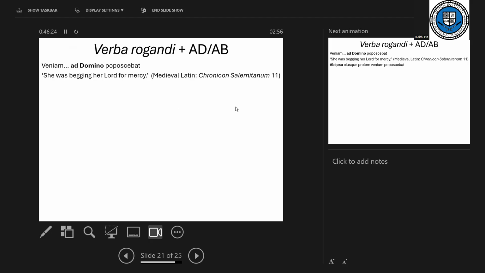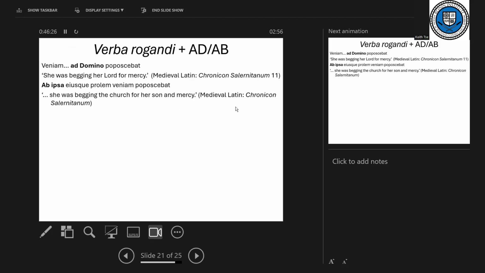Elsewhere in the same text, we get ab. In fact, ab is more in line with classical Latin. So here, for example, "postulabat ab ipsa venia". Okay, so she was begging. Ipsa here denotes the church, and so she was begging the church for her son and mercy.